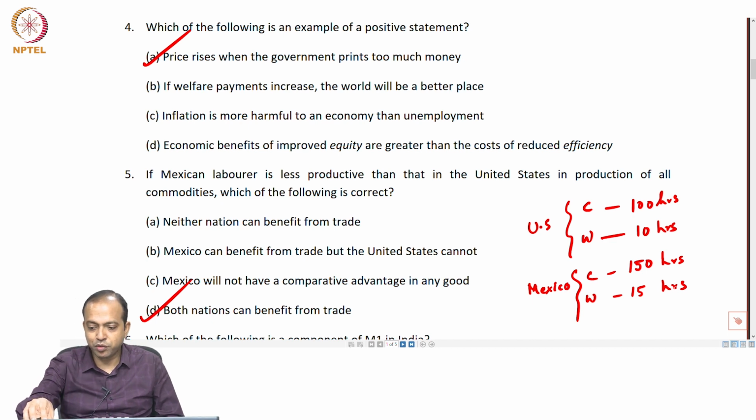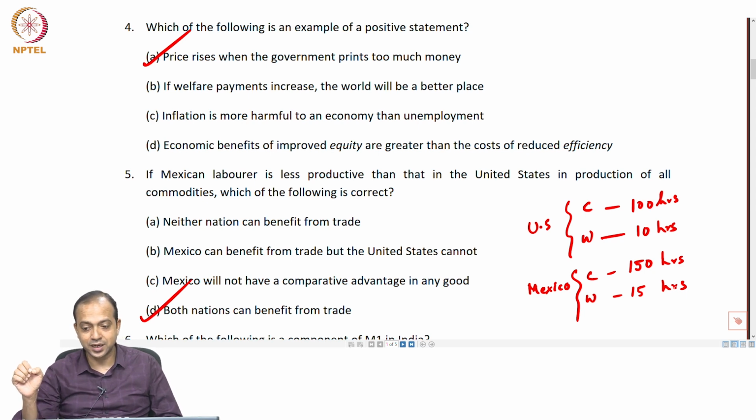If you calculate from this structure, you can easily understand that the opportunity cost of computer is less in the US compared to Mexico.